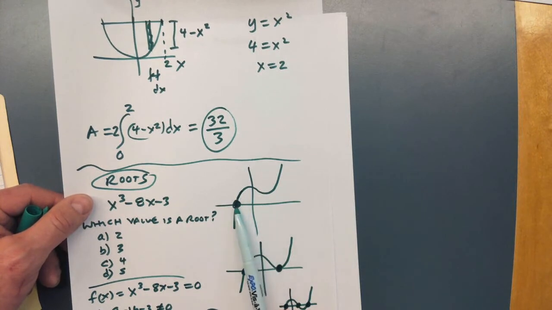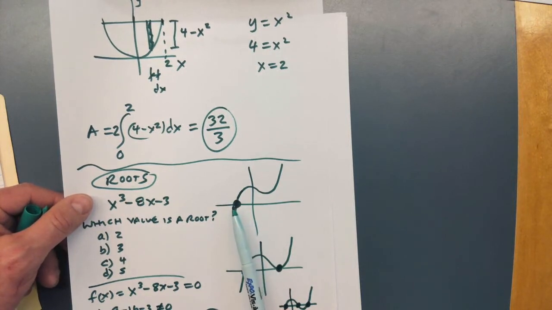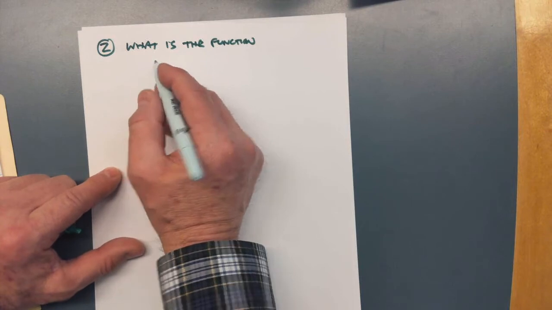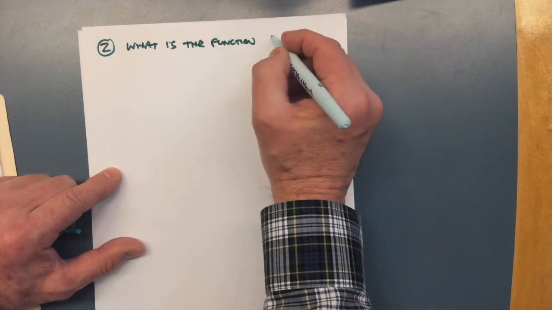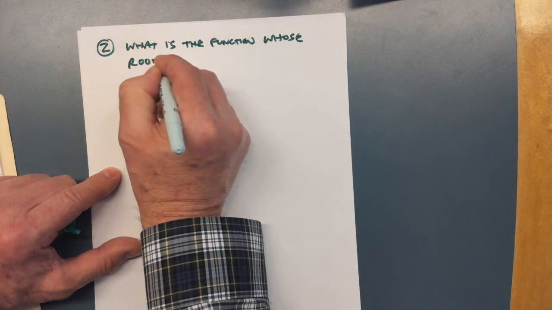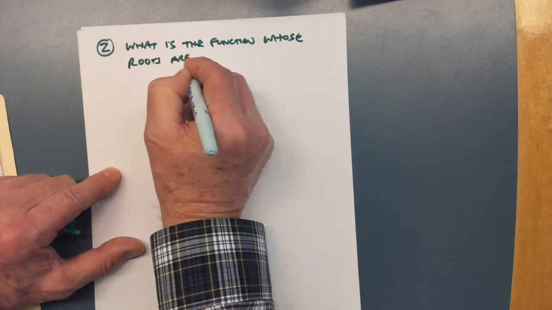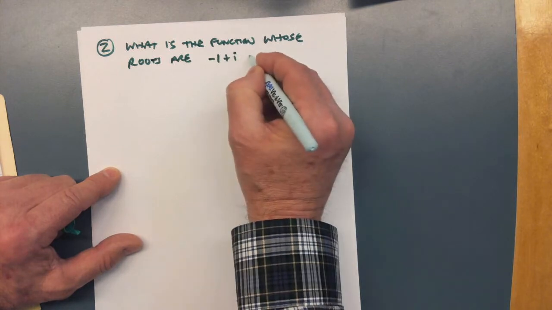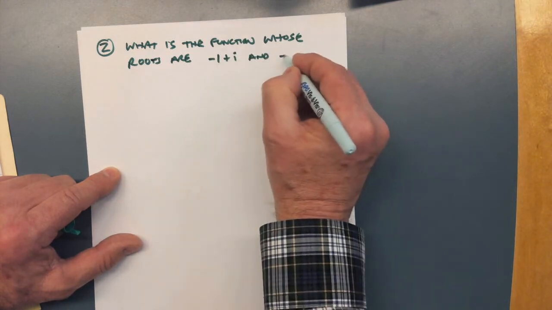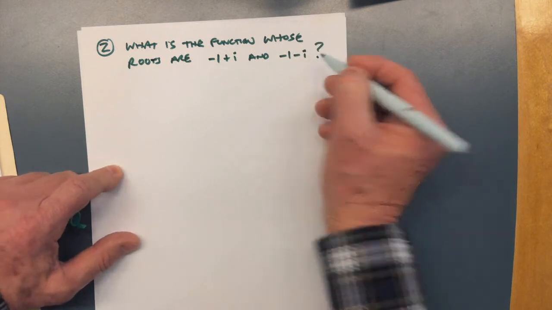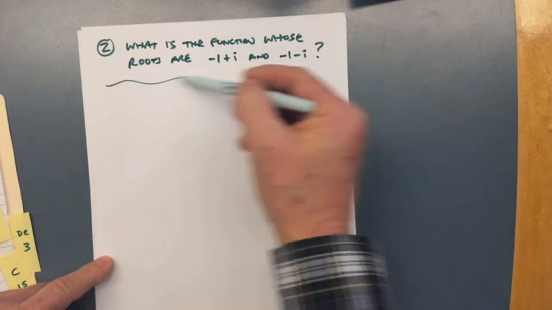Two of them are complex valued, because we have only one point where we cross the x-axis. So in this case, the question is, what is the function whose roots are -1 plus i and -1 minus i? So two complex valued roots.